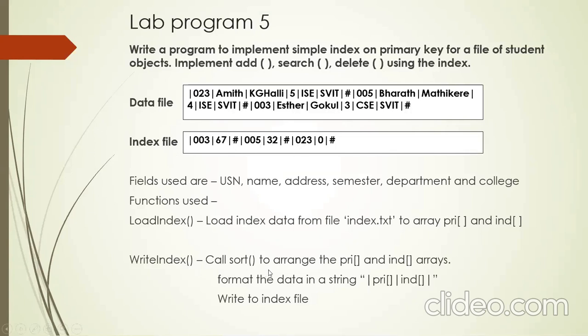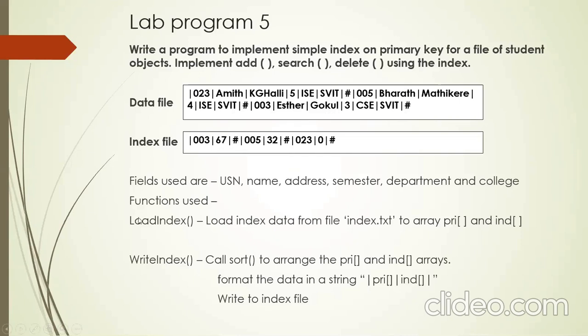So call sort and arrange. And the contents of the primary key and index arrays are all sorted according to the order of the key, according to the content of the PRI array, and it is formatted in this particular order, that is the key and index ended by the # symbol. And the content is written to the index file.